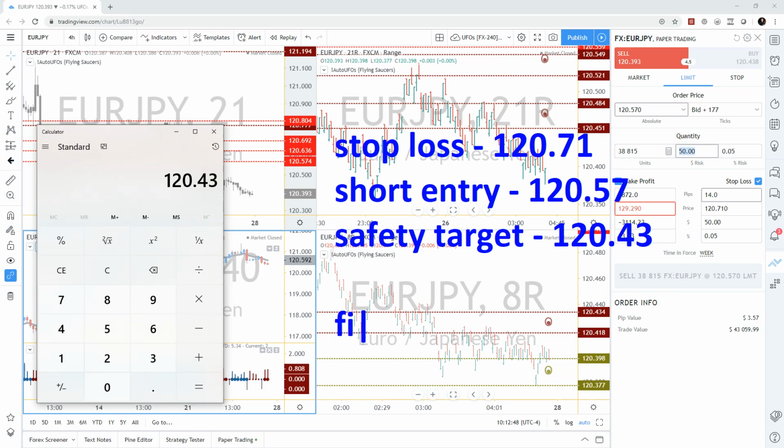And finally, we have a final target that we found thanks to applying AutoUFOs to the common time frame, which is 120.29. This would be a valid trade given the fact that 29 is beyond 43. So you have the safety target applying prior to reaching the end point of the trade, which is 120.29.